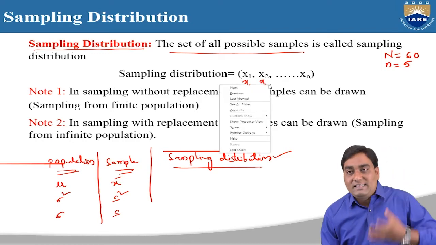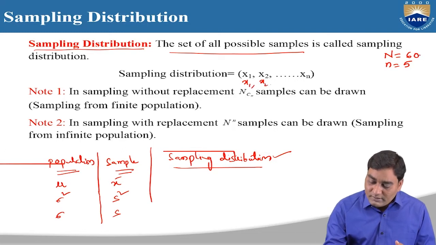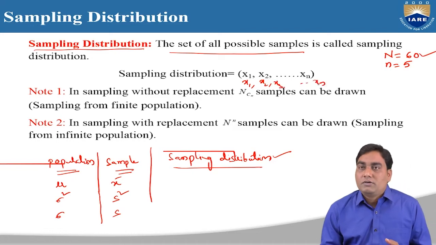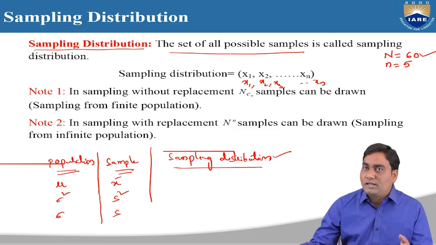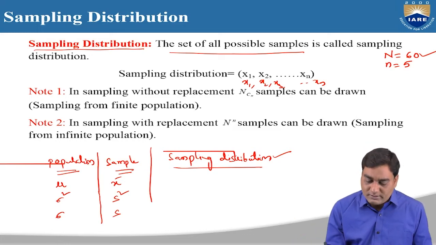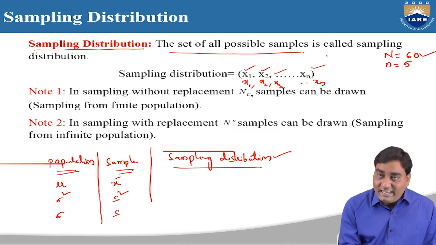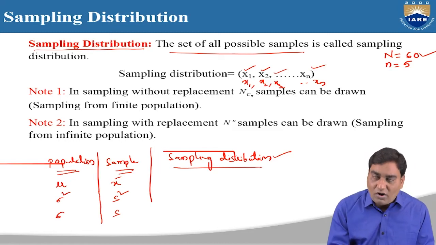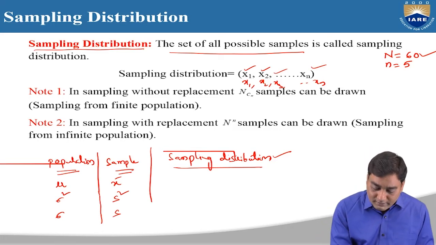I want to choose another sample, x3, from 60 members only. Like that, we can choose all possible samples from the total population of 60 members. So here I choose x1, x2, x3 and so on up to xn. The group or the set of all possible samples is called sampling distribution.